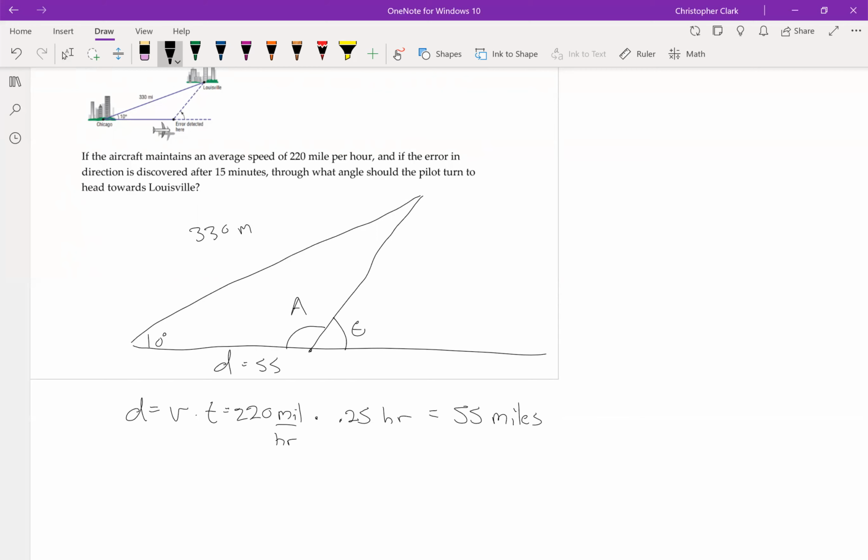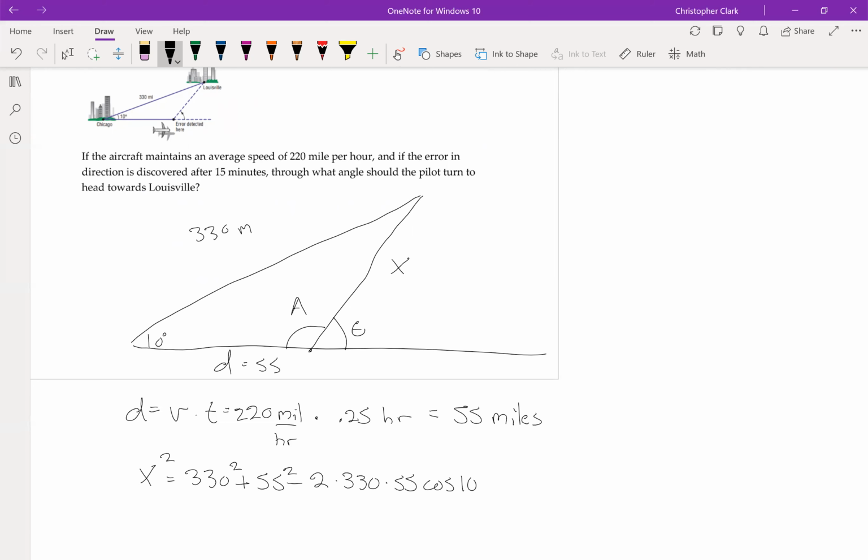So next we can solve for this. We'll call this our X. So we know that X squared equals 330 squared, excuse me, plus 55 squared minus 2 times 330 times 55 times cosine of 10.